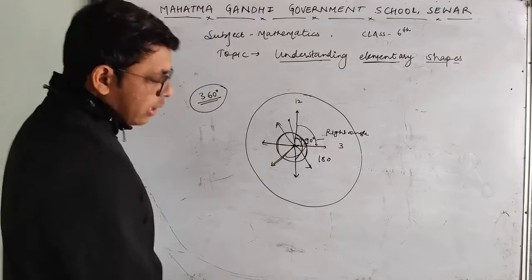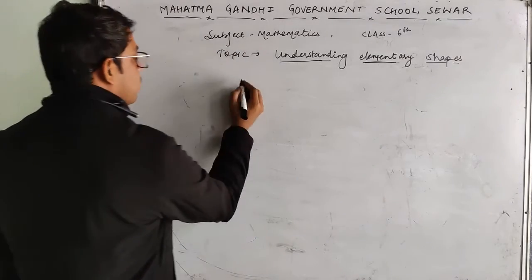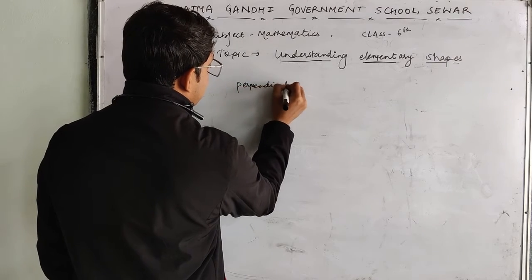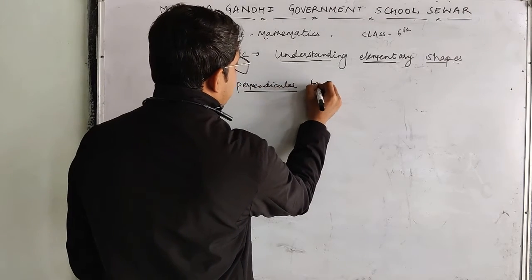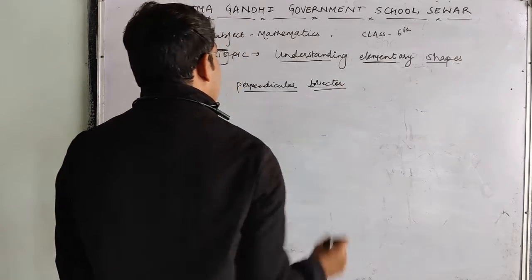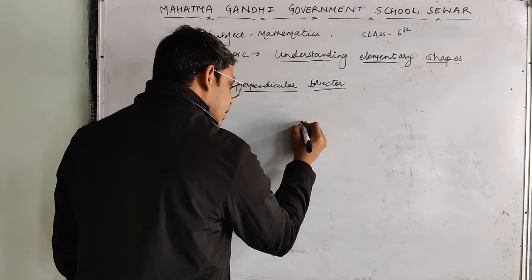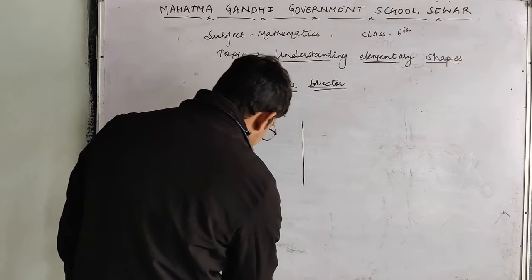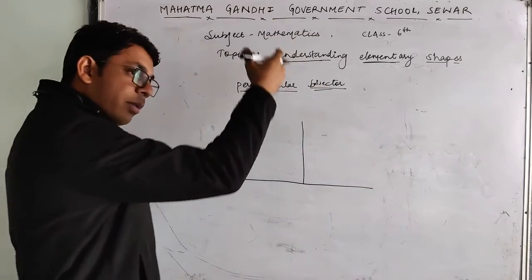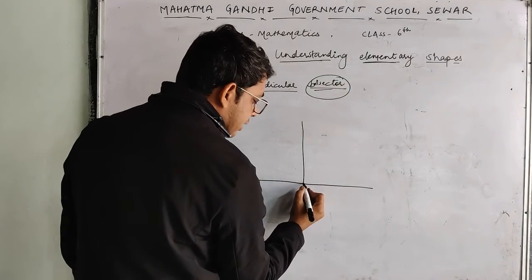Now we will see another topic, perpendicular bisector. As the name suggests, perpendicular means anything coming out perpendicularly, vertical to horizontal, and bisector means bisecting the line below.